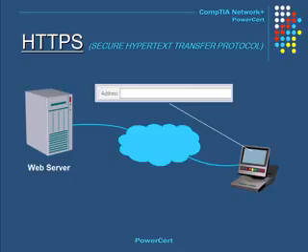HTTPS stands for Secure Hypertext Transfer Protocol, and this is HTTP with a security feature. HTTPS encrypts the data that is being retrieved by HTTP. So for example, if you wanted to go to your bank's website to check your account, you will notice that an S will be added to the HTTP in the web URL.